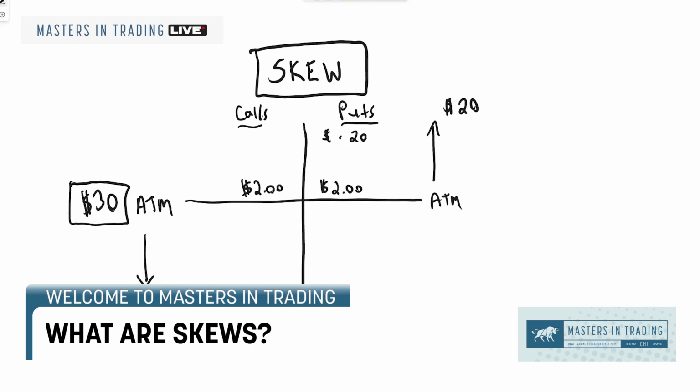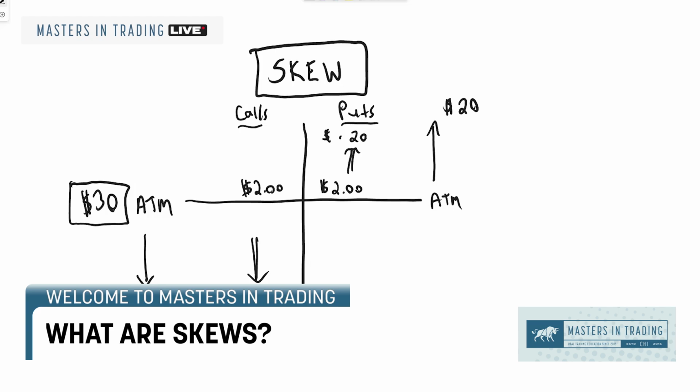And with options, we have the ability to see what traders are betting on. In this example, there's a higher probability of that stock going higher than the stock going lower. Now, why? Well, this options example is heavily skewed to the upside.